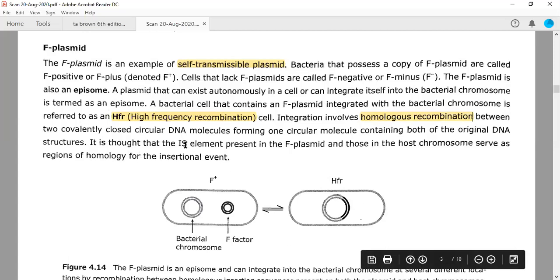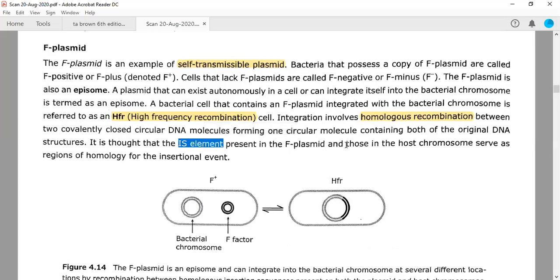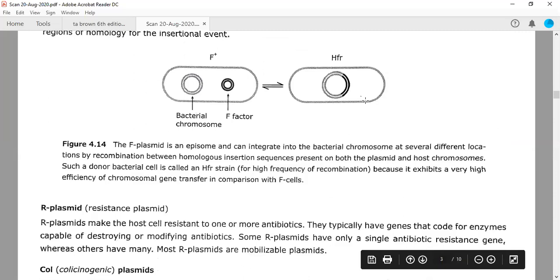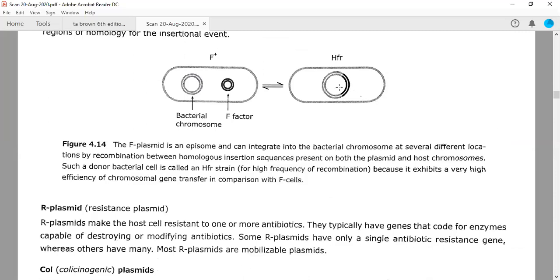It is thought that IS elements present in the F plasmid and in the host chromosome serve as regions of homology for the insertional event. So the bacterial cell that has an integrated F plasmid is called Hfr.